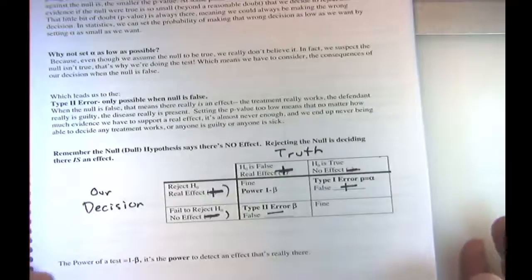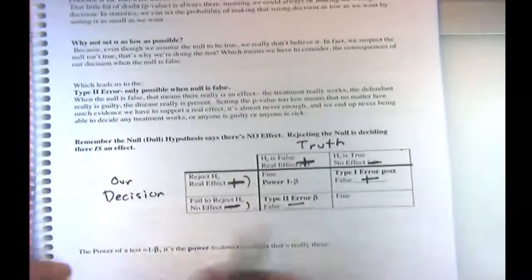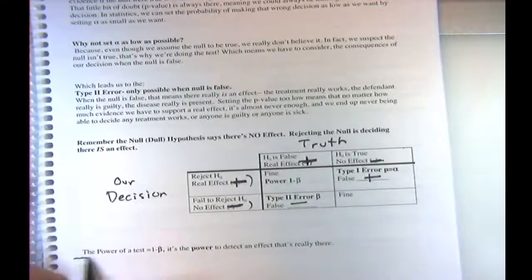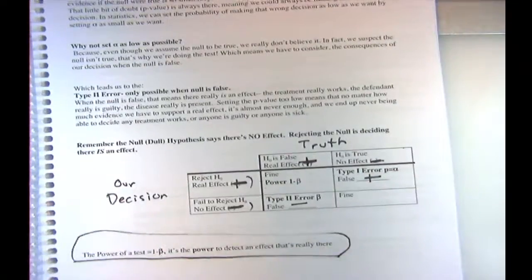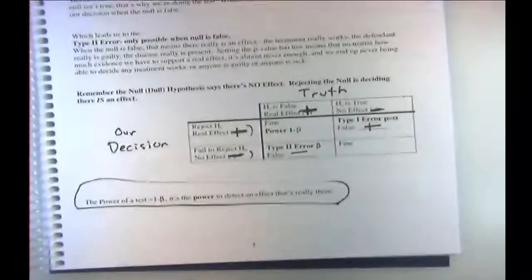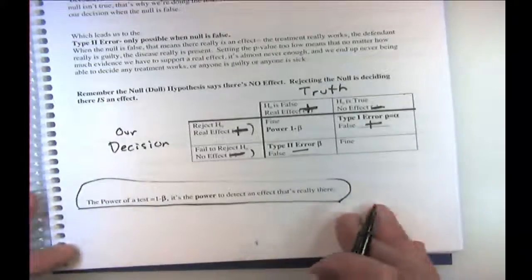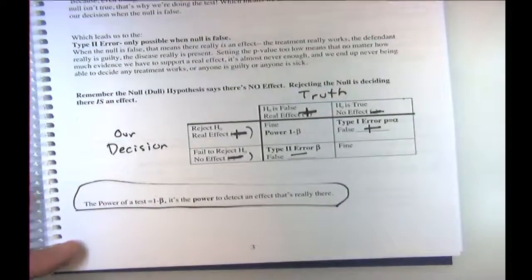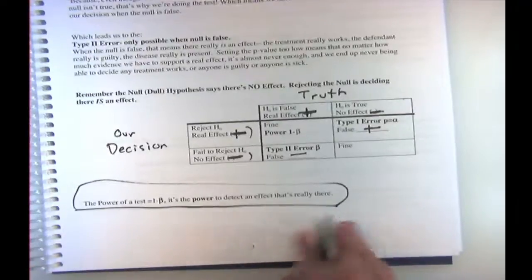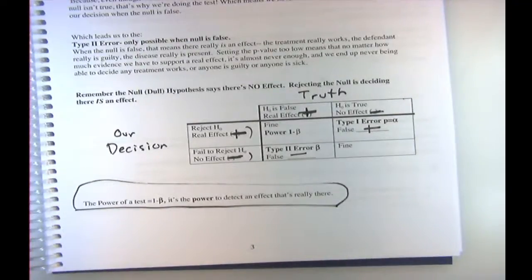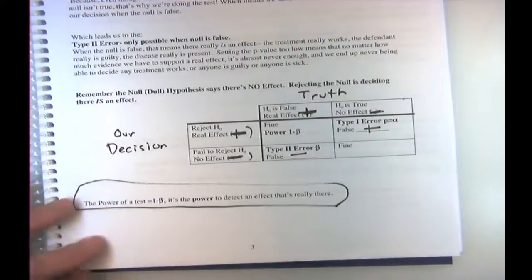So what do I want to say here? The power of the test is very important to detect an effect that's really there. And just as the convention is to set, for no good reason, alpha at 5%, you want to have alpha less than 5% for a type 1 error.